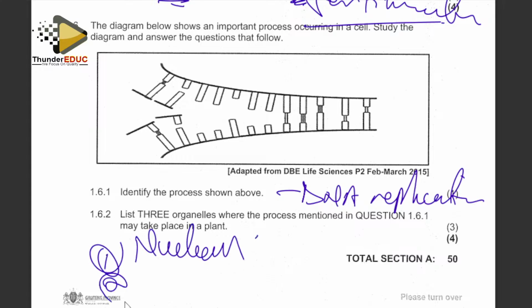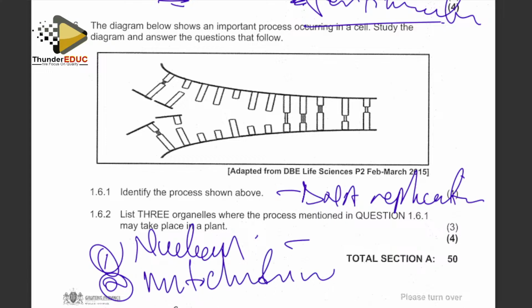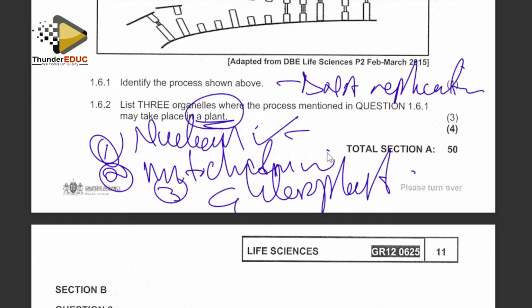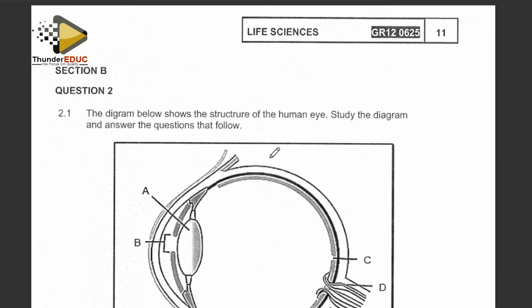Number 2, mitochondrion. Number 3, they said in the plant cell, so even chloroplast. So we have the nucleus, the mitochondrion, and the chloroplast. 3 of them. DNA replication. Done.